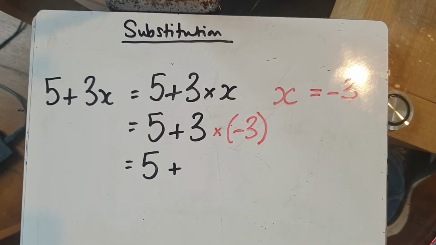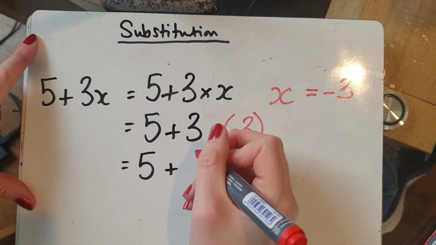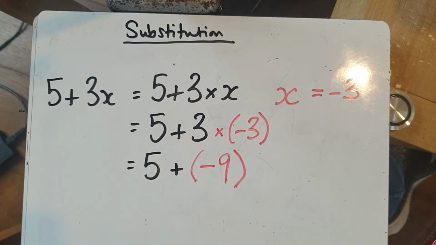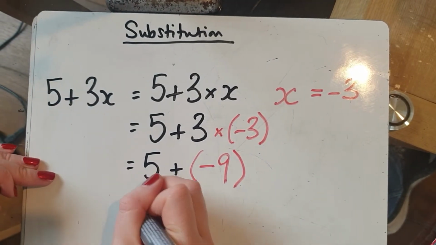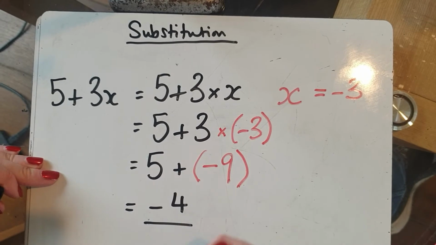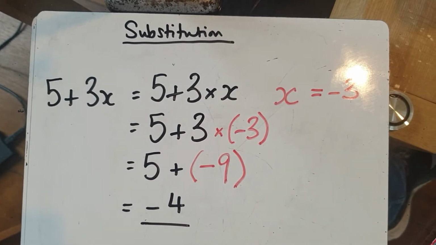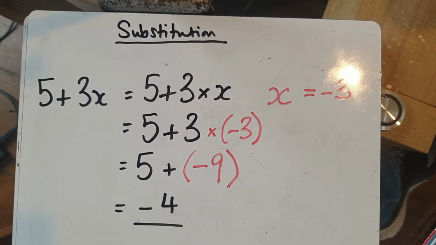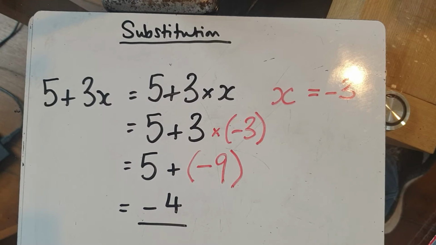And when I do 3 times negative 3, I get negative 9. So when I do 5 plus negative 9, my answer is negative 4. Again, can you please pause the video and copy that down? And we're going to do a few more examples.